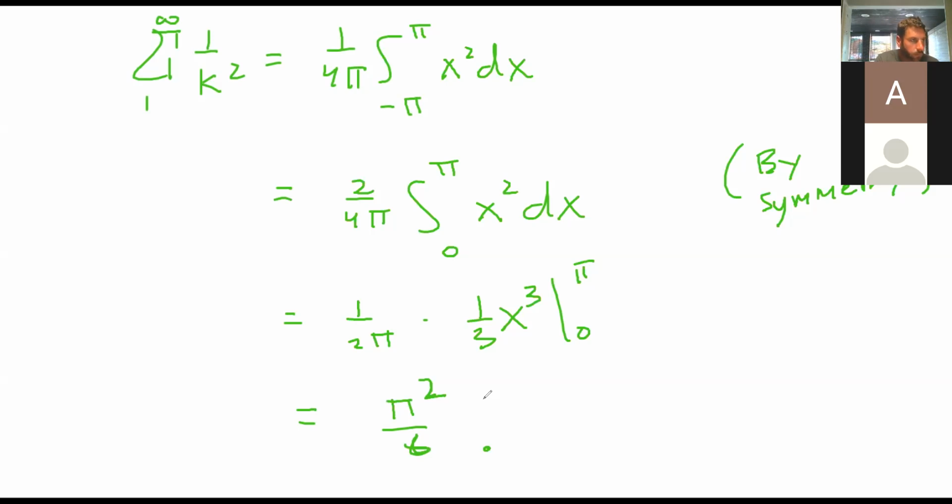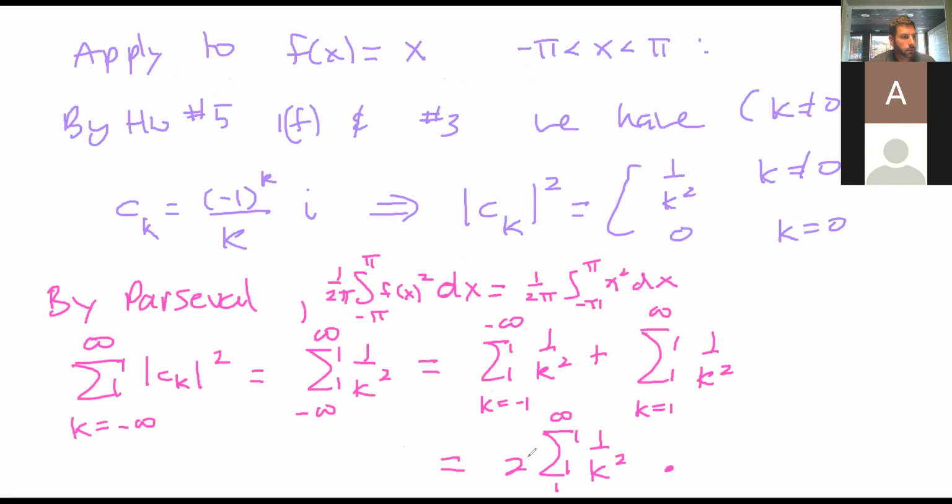Where did the 2 go that you found on the previous page? The 2, which one? This? Down here? Yep. Okay, it didn't go anywhere. I divided it through, so this is a little misleading. When I'm putting the puzzle together, I'm taking this guy and setting it equal to this guy.